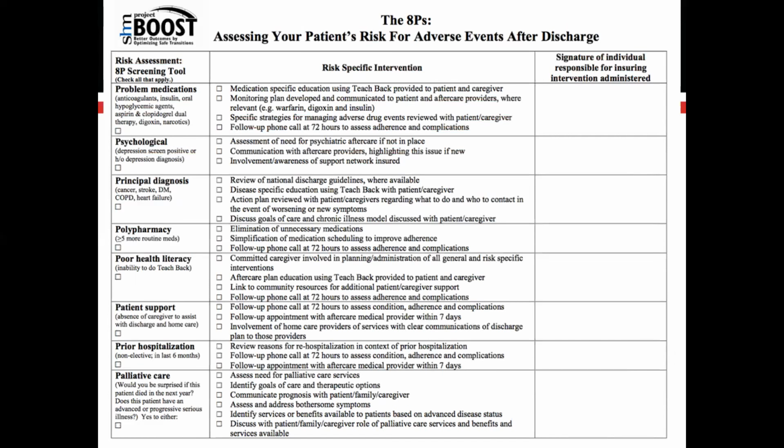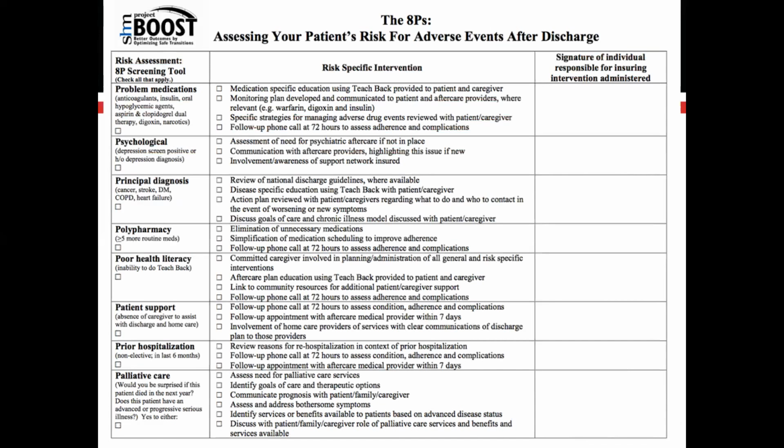Expect that many of your hospitalized patients are going to have one or more of these, quote, P's in their life. And so what we want to do in order to reduce their chance of readmission is we want to be able to say, okay, if we see polypharmacy, then what should we do? If we recognize that this patient has poor social support, then what should we do in response in order to mitigate this patient's risk of readmission?